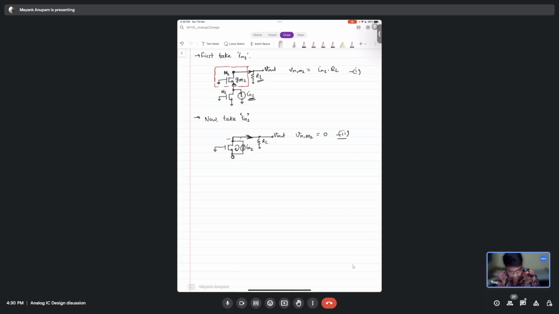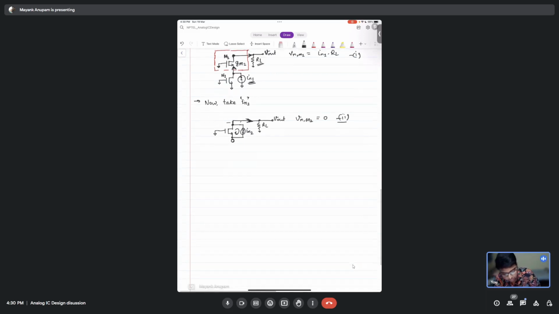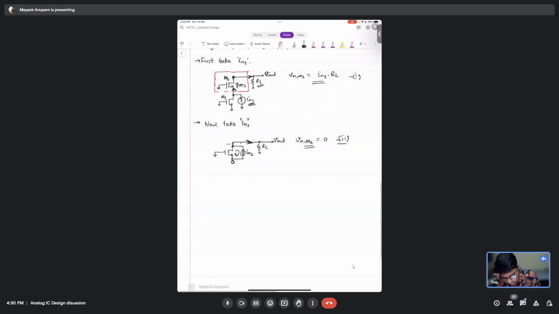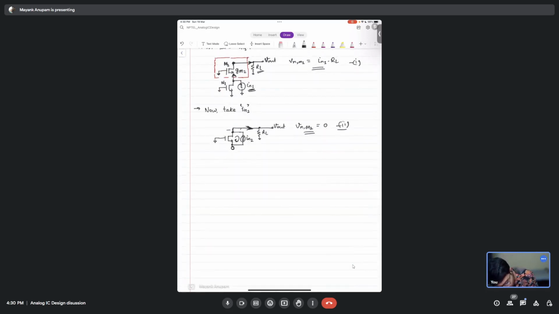Okay, cool. So fine, we have calculated both the voltages, right? Vn of M1 and Vn of M2. Now what is the total noise voltage at the output?